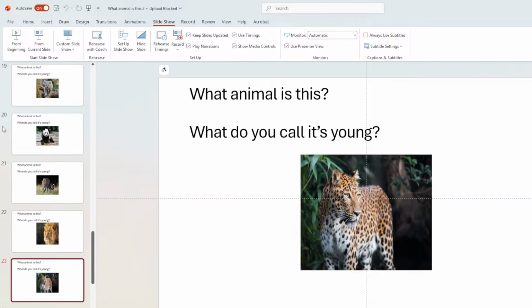All right, so this one is a leopard. That's a leopard here. And the difference between a leopard and a tiger, can you note the differences?